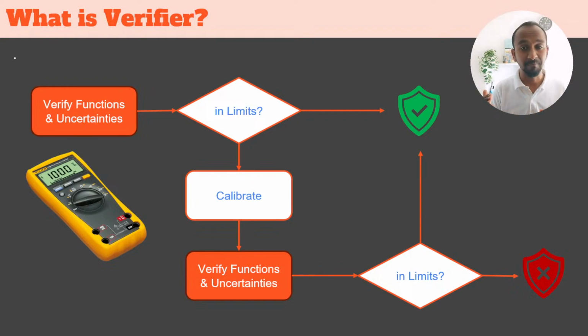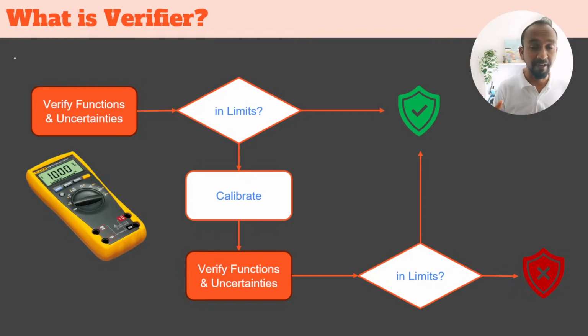and you will check if the measurements are within the specified limits. You would compare your measurement against your standard equipment, let's say a high precision digital multimeter, and you would also have some sources that generate the necessary functions, either a voltage or a current function, that you connect.